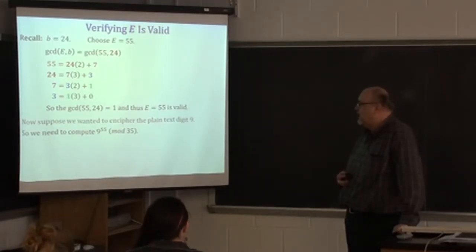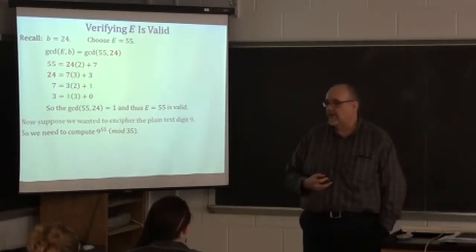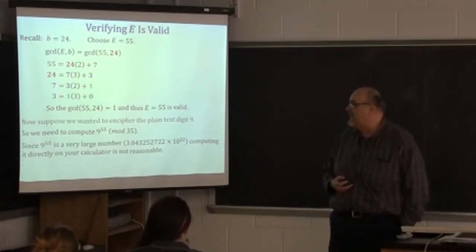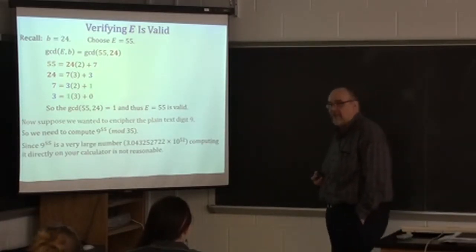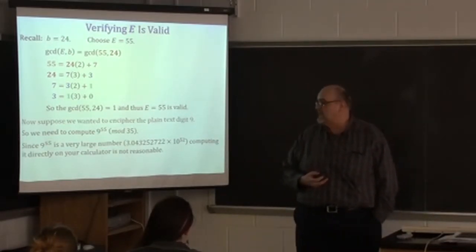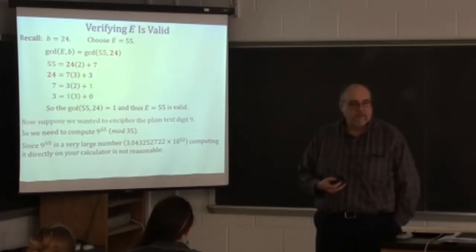So, how are you going to do 9 to the 55th power? Well, that's what your calculator's for, right? Yeah. If you tried 9 to the 55th power on your calculator, you get 3.043252722 times 10 to the 52nd power. And we want integers, not scientific notation.